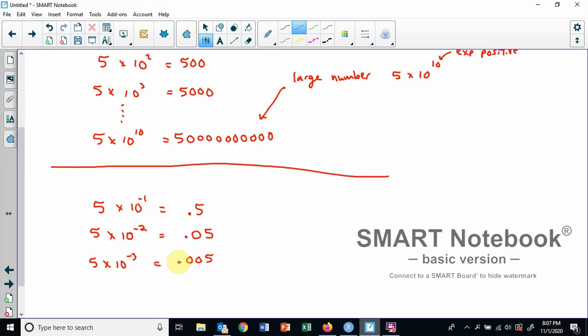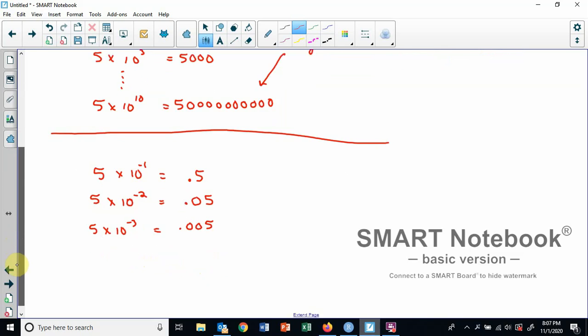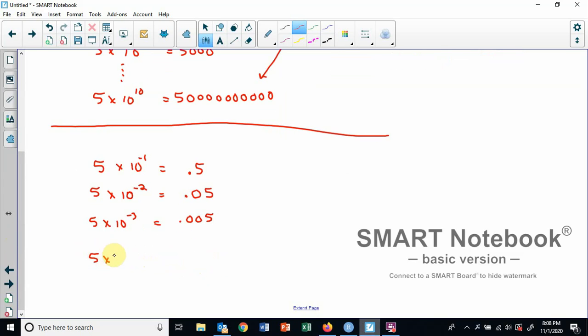So it's how many decimal places we were moving. Okay? So if I did something like 5 times 10 to the negative 10, that would be 9 zeros. 1, 2, 3, 4, 5, 6, 7, 8, 9, and then our 5. So if we're dealing with really small numbers, we're going to think negative exponents, okay?